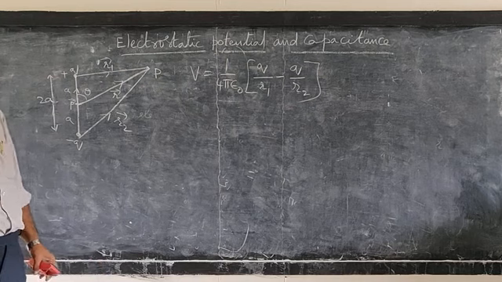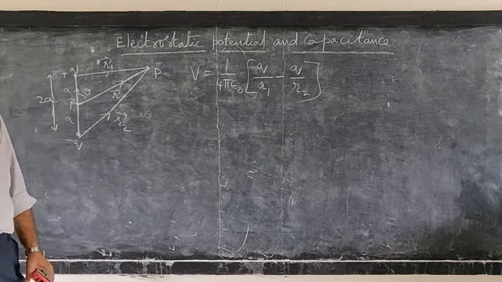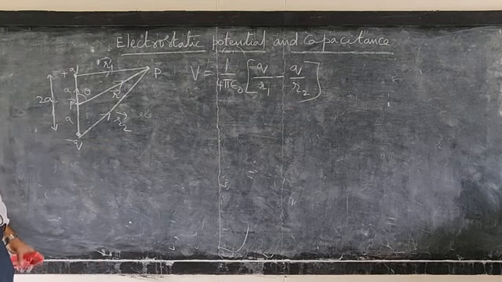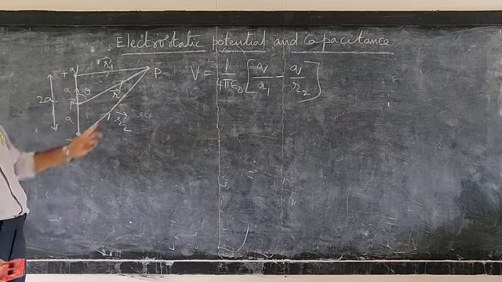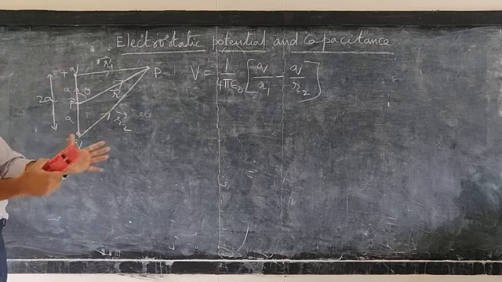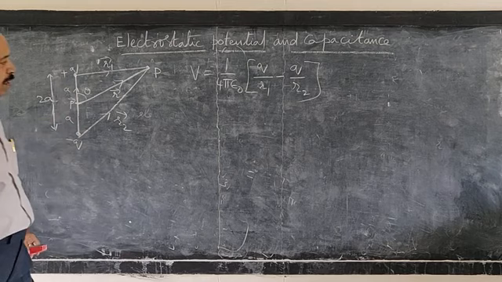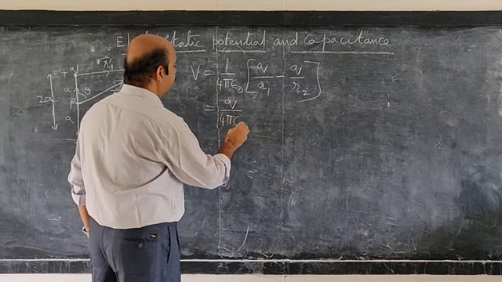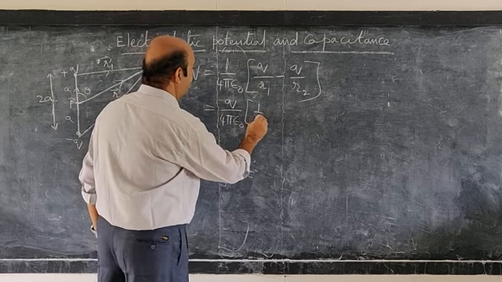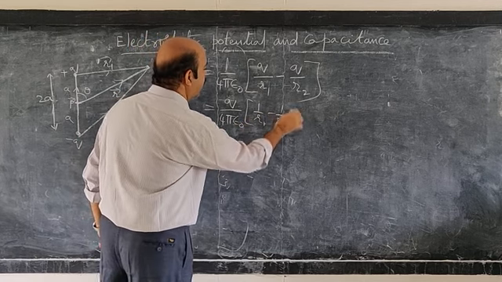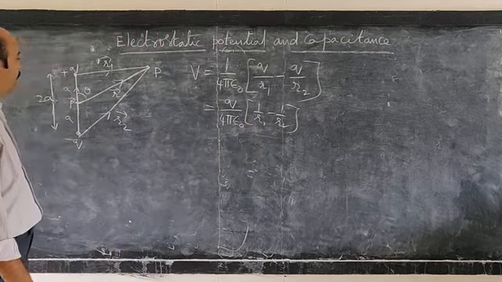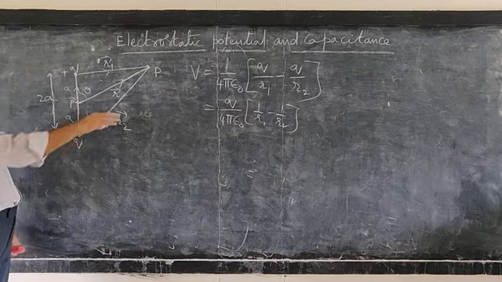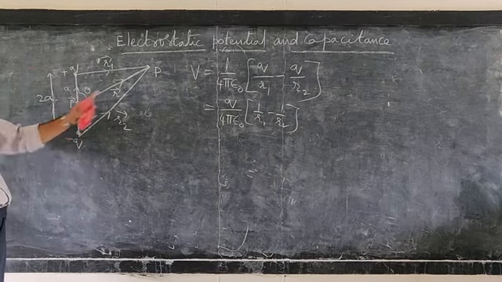Our usual formula from the derivation is used here. Due to the positive charge, positive potential; due to the negative charge, negative potential; summed up. Of course, you can take q common and write it as 1 by r1 minus 1 by r2. Now, from the geometry of the figure, you can substitute for r1 and r2 in terms of r.